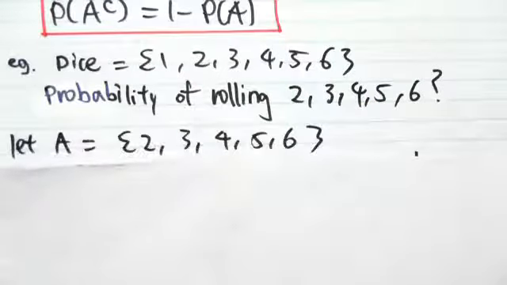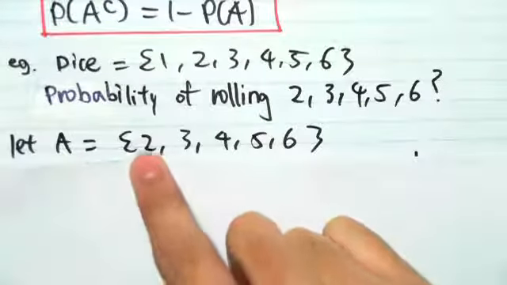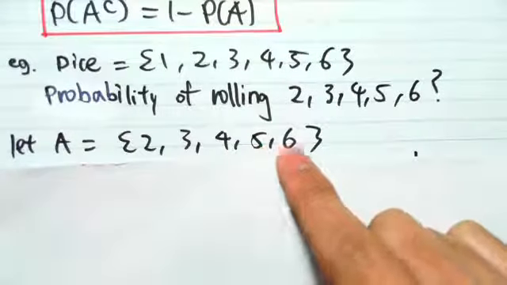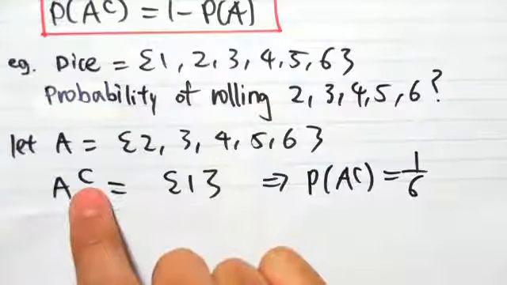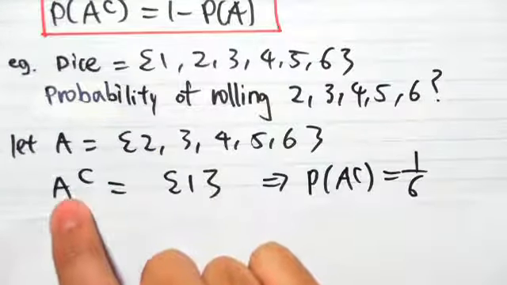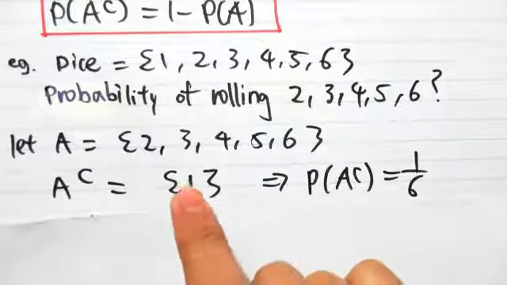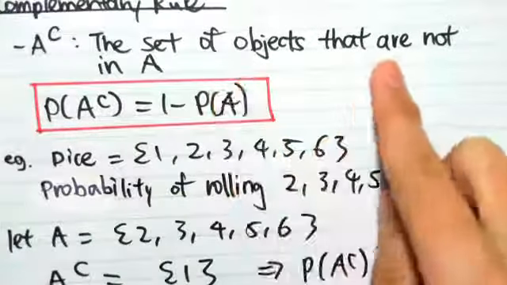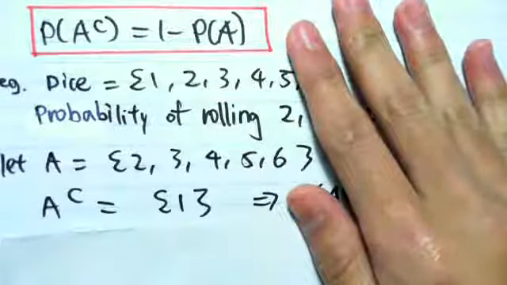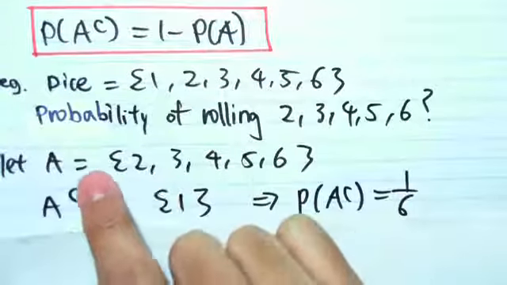So one way we can do this is to again let A, our event, be equal to {2, 3, 4, 5, 6}. And this is what we're interested in. So the complement of A is basically {1}. The complement of A is again the set of objects that are not in A, and we know that 1 is not in A.